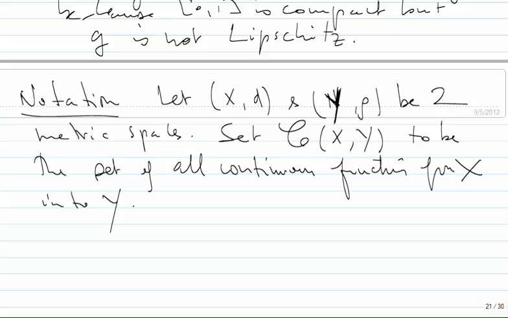It's enough to take, for example, from R to R, and you look at all the continuous functions. Some of them, like x squared, may not be bounded. So we can restrict ourselves, but before we do that, I need to introduce a new definition. And then, of course, we'll restrict ourselves to bounded continuous functions.